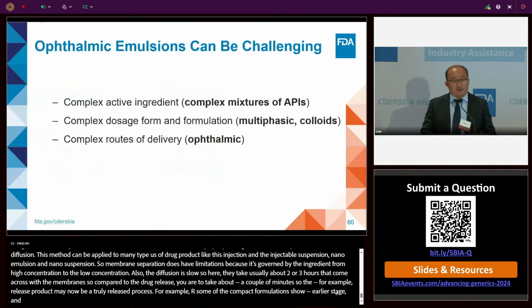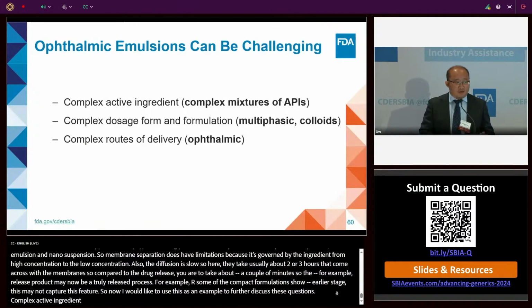So now I would like to use ophthalmic emulsions as an example to further discuss these questions. Ophthalmic emulsions are considered one type of complex drug product, and they can be challenging because they may contain active ingredients like cyclosporine, have complex dosage forms, and may exhibit multi-phase release characteristics.